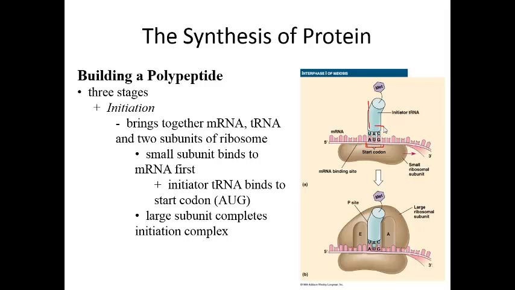The rRNA is going to hold the two together like a vice. Once the tRNA is attached to the mRNA, then the large ribosomal subunit sits down on top of the both. You can see that the tRNA is going to be located in the P site, the middle site of the large subunit.